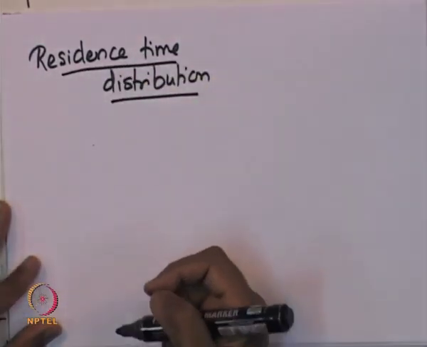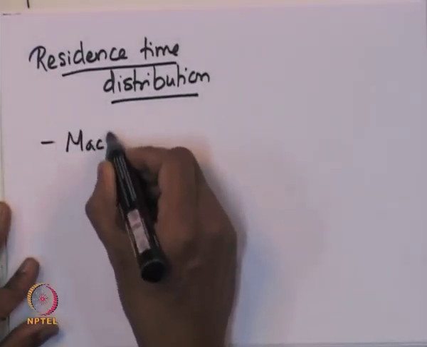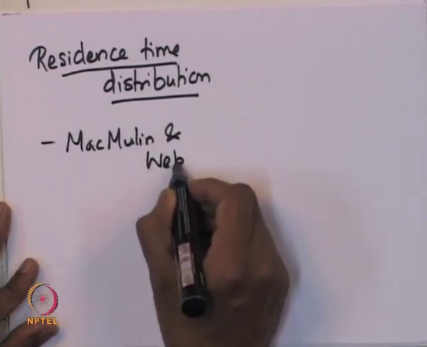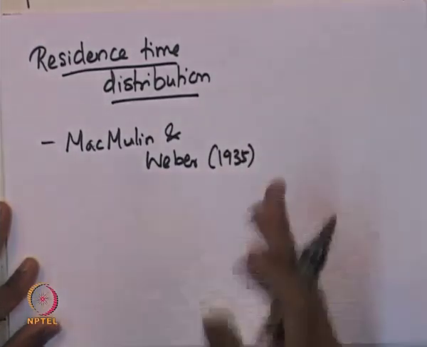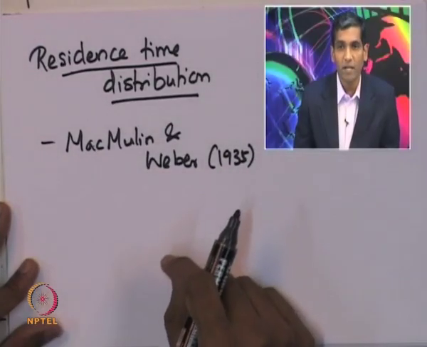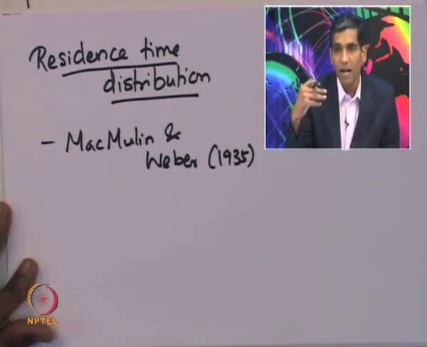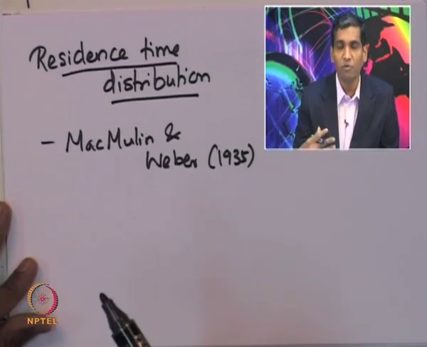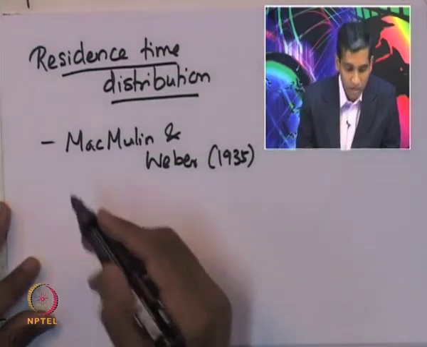The residence time distribution was originally proposed by McMullen and Weber in 1935. However, it was ignored for nearly 2 decades, and later Danckwerts came and gave a special structure to the residence time distribution and defined various types of possible distributions.